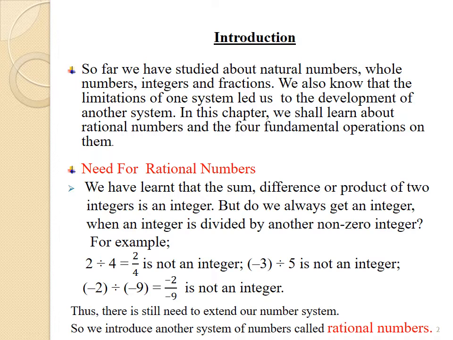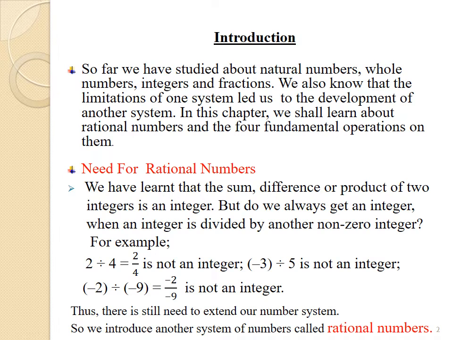Students, we know that the limitations of one system led us to the development of another system. We have learned that the sum, difference or product of two integers is an integer. But the question arises, do we always get an integer when an integer is divided by another non-zero integer?